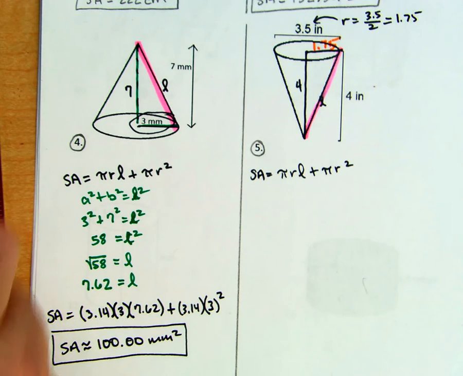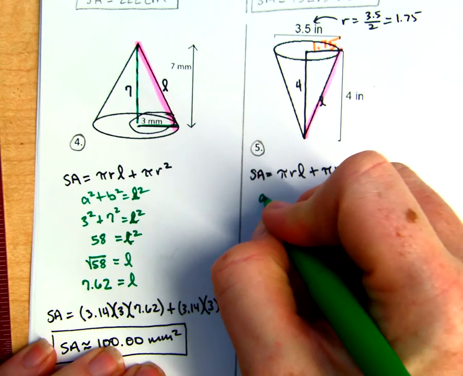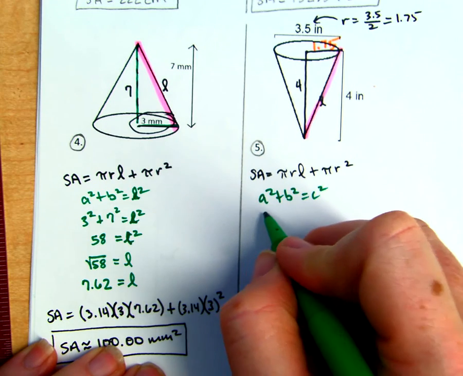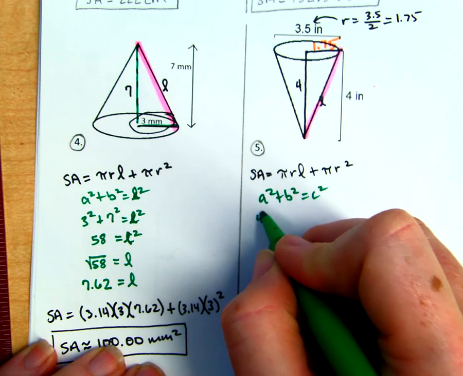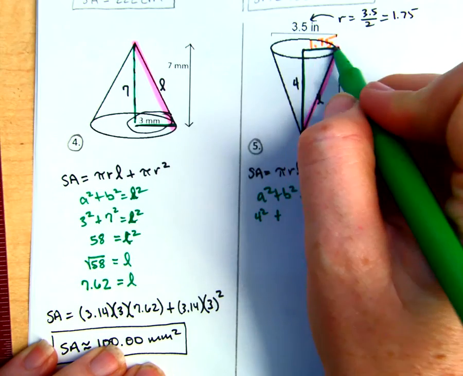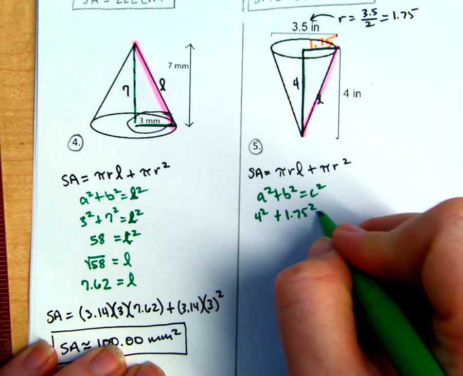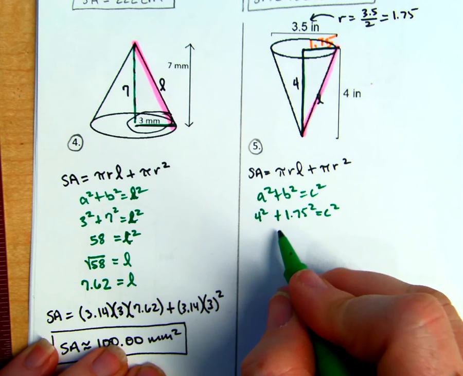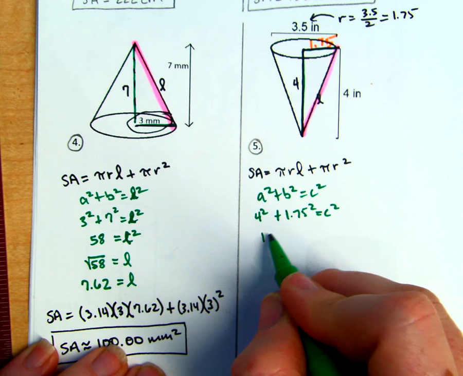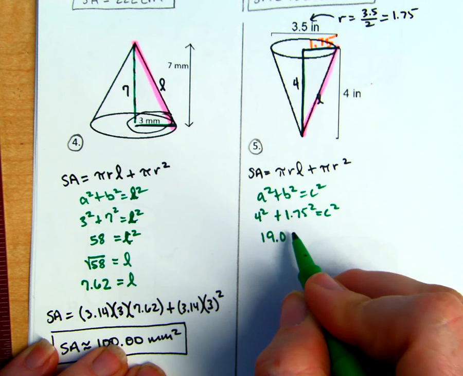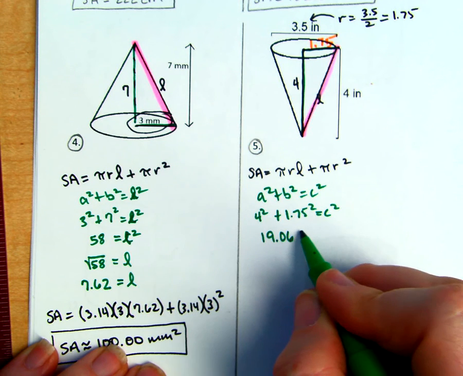All right, so a squared plus b squared equals c squared is my Pythagorean theorem. And I end up with 4 squared, that would be my first side, plus 1.75 squared equals c squared. And when I do 16 plus 1.75 squared, I get approximately, or maybe exactly, 19.0625.